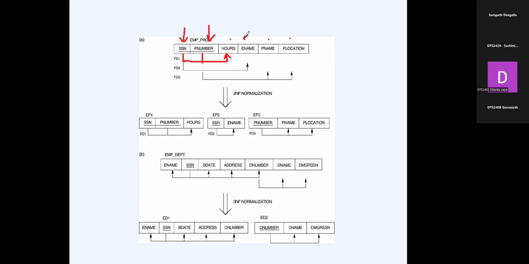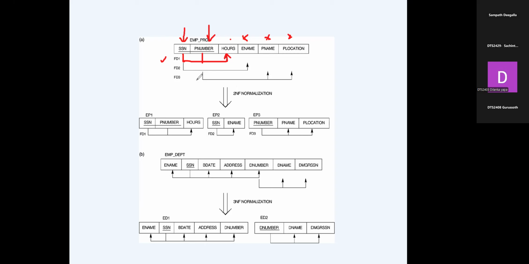Except for this, these two are not fully functionally dependent. So that means we can say it's partially dependent. Employee name is partially dependent on the primary key. Project name and project location are partially dependent on the project number. So therefore, this is not in second normal form.